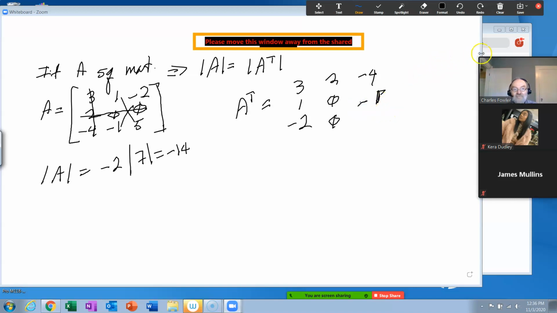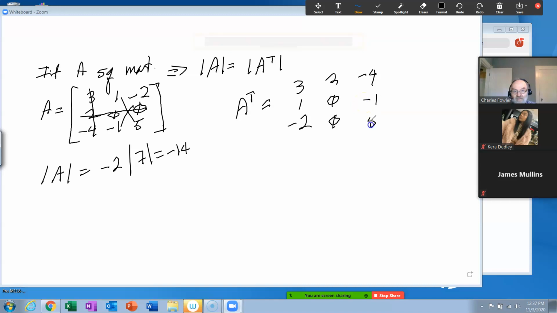This pen is not drawing well. Let me see if I can clean that up some. Four, negative 1, 5.